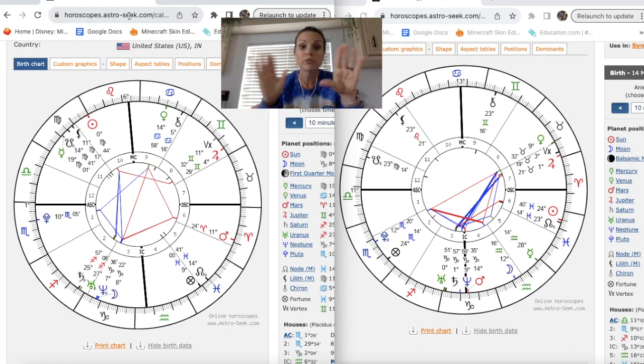So before we really start looking at these charts, let's talk more about relationships in general, okay? So again, I mentioned there are all different types of relationships we can have with people. What makes a good and healthy relationship will be how your personalities go together, what kind of communication styles you guys have. So communication is key in any relationship, right?